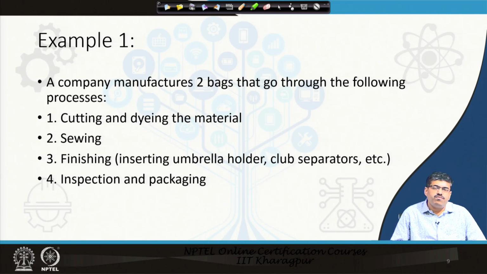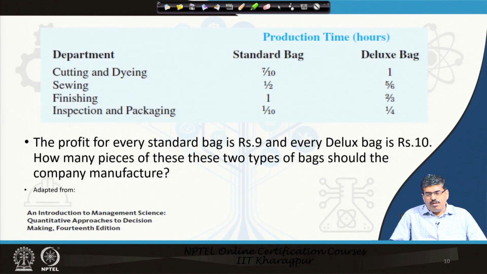So the four processes are cutting, sieving, finishing and inspection. Two types of bags are manufactured, one is the standard bag and one is the deluxe bag.